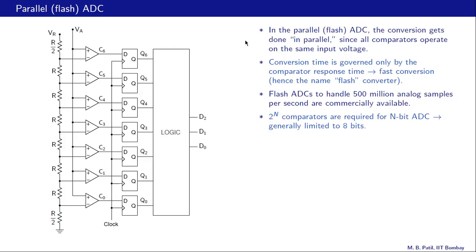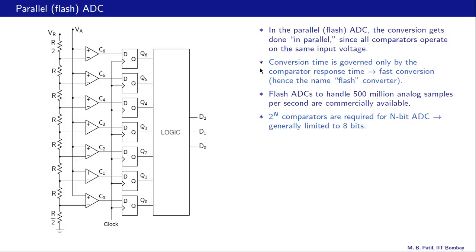Let us make a few remarks about the parallel or flash ADC. In the parallel ADC, the conversion gets done in parallel since all comparators operate on the same input voltage. That we have already seen. All of these comparators get the same input voltage as V+.